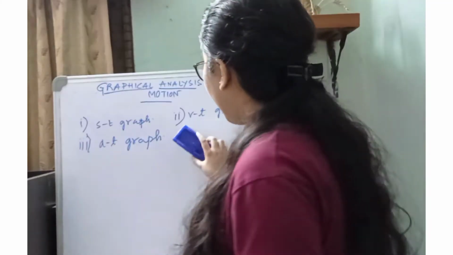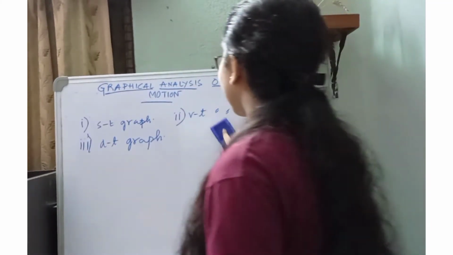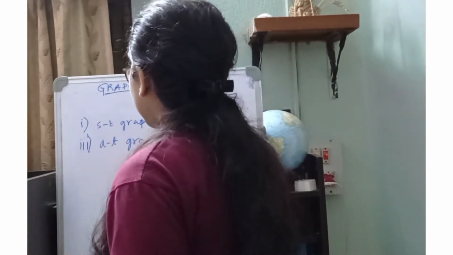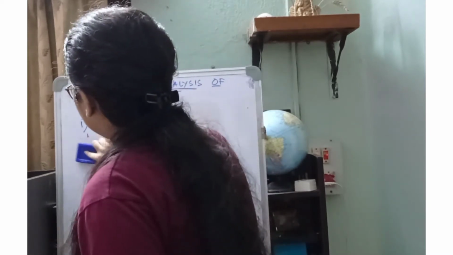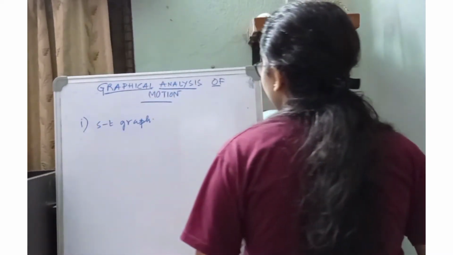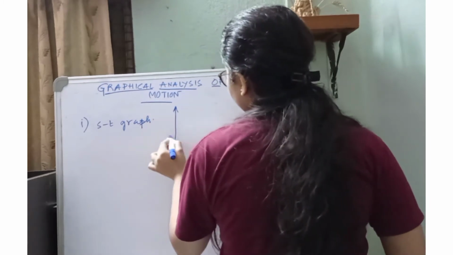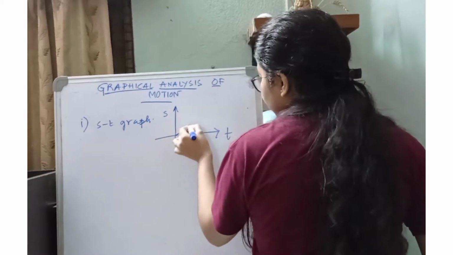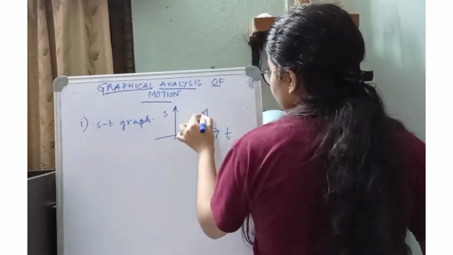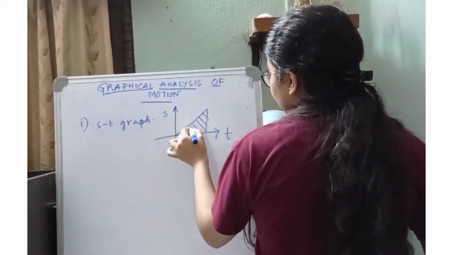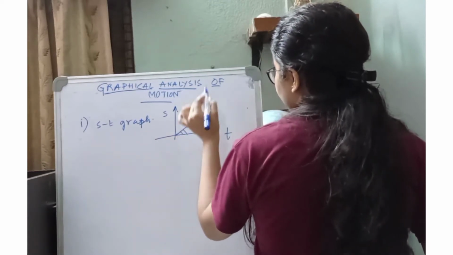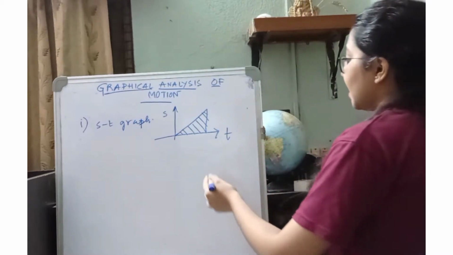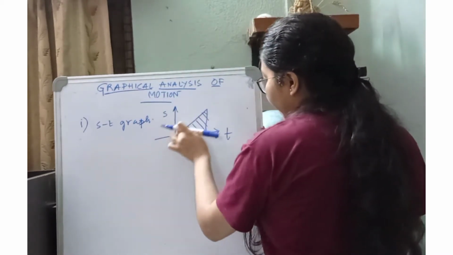Okay. If we start with the ST graph, that is the distance time graph or the displacement time graph, for example, if this is the ST graph, what does this ST graph imply?